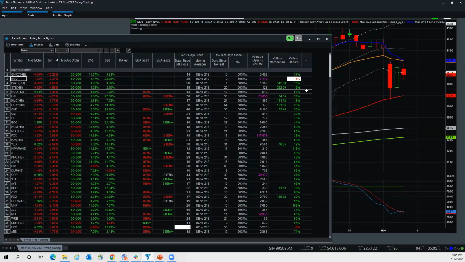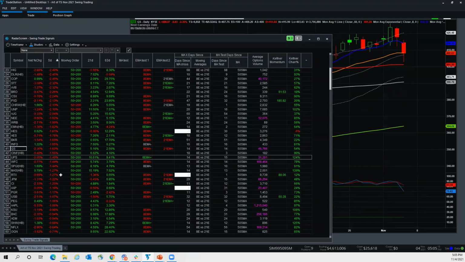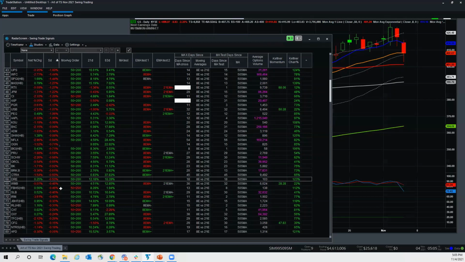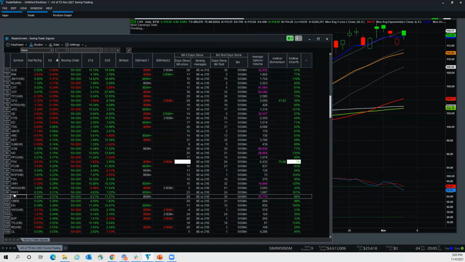We're looking for things that have maybe pulled back 3 to 4%, not up a lot. For me, anything that is under 2 to 3% positive is potentially interesting because it might have hit that level, bounced a little, and be good.